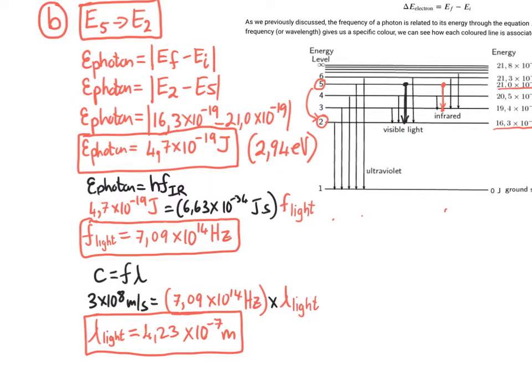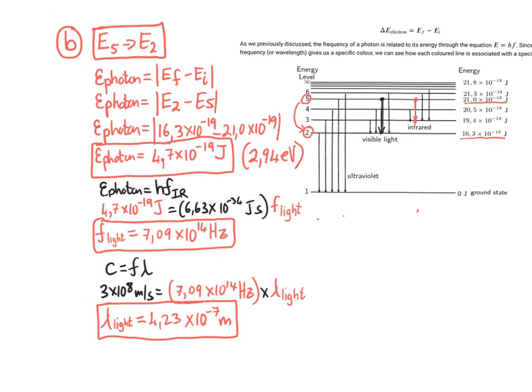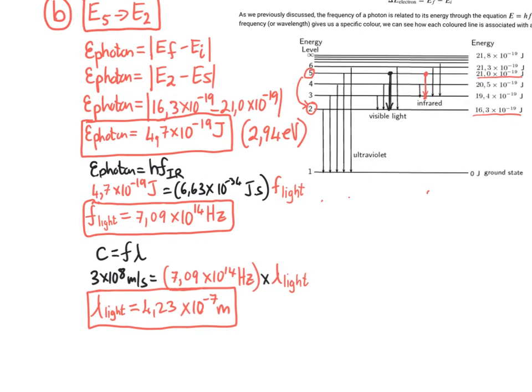Note that for the final energy of the electron, we used energy level 2, which has an energy value of 16,3 times 10 to the minus 19 joules. So using that, we got that value of 4,7 times 10 to the minus 19 joules.